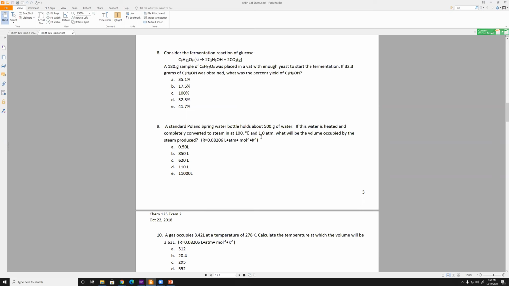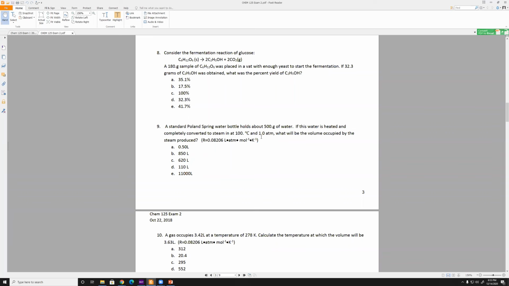You would solve PV = nRT with 1 atm as the pressure, V as the volume is unknown, n is the number of moles of water, which we have 500 grams. 500 divided by 18 is 33.3. And then we have R, which is our constant, which is given, and then temperature, which is 100 Celsius plus 273 or 373, and we'd solve for volume.